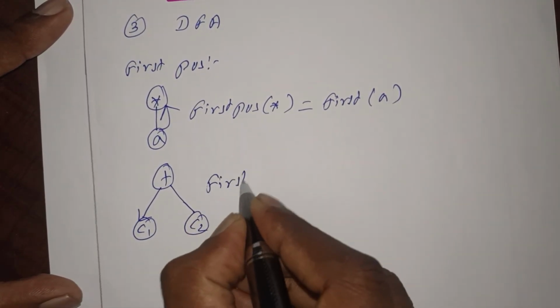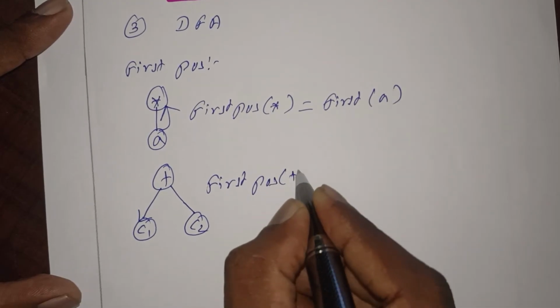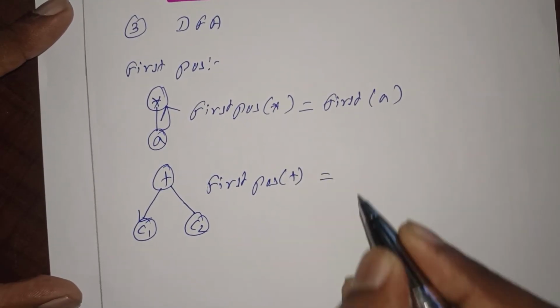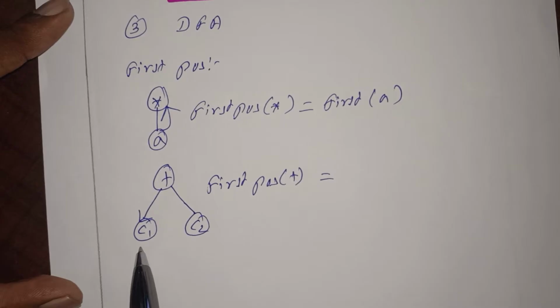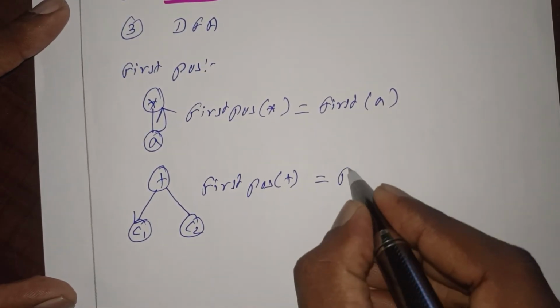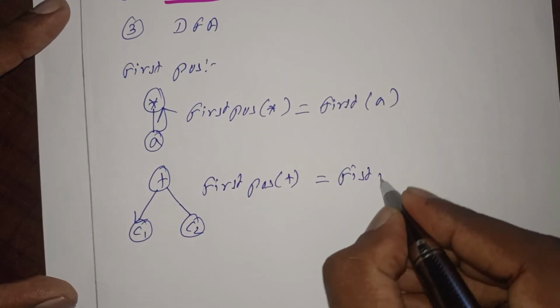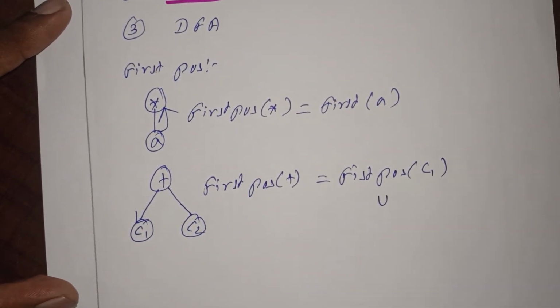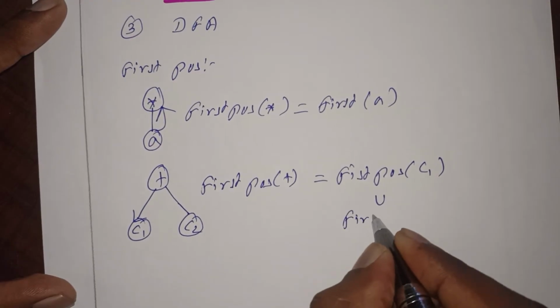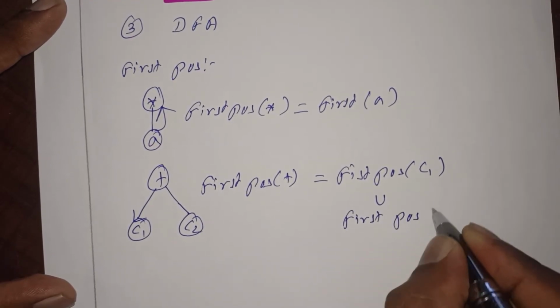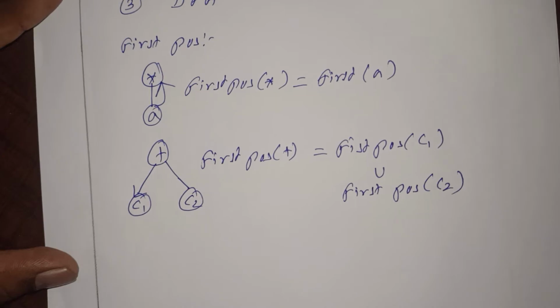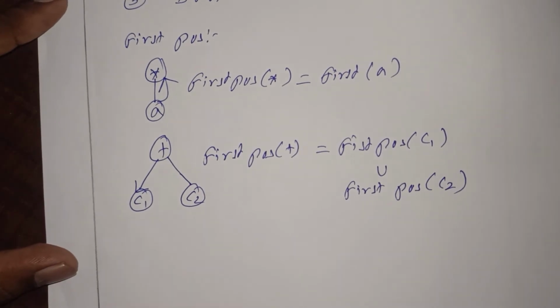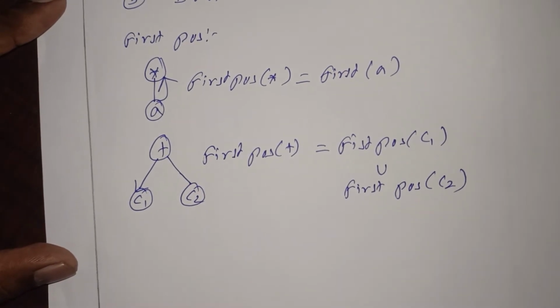Here the first position of plus is equal to, we need to take both of these values. That means first position of C1 union first position of C2. That means both the values are considered by taking the union of them. So this is the feature of OR.